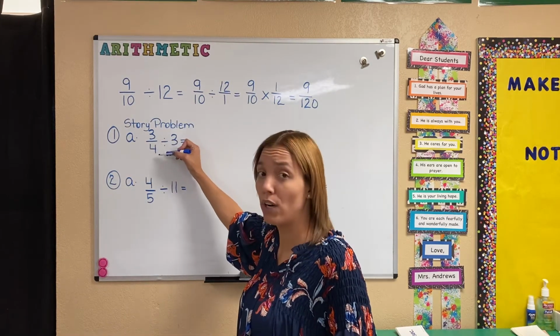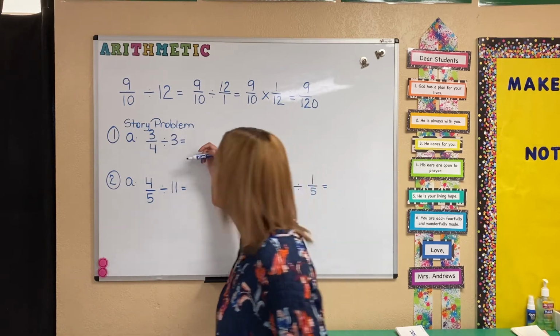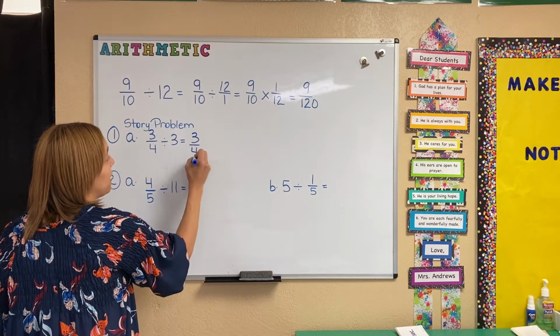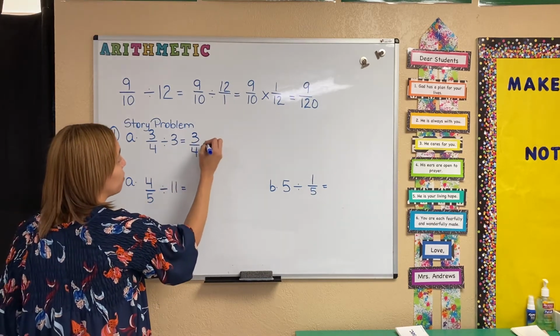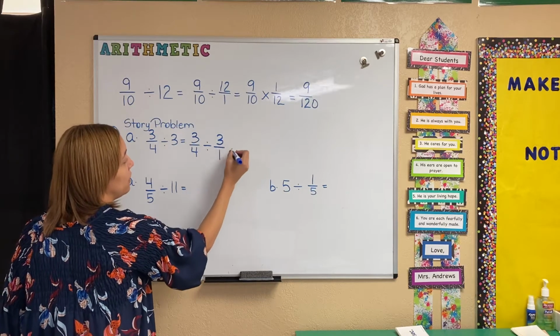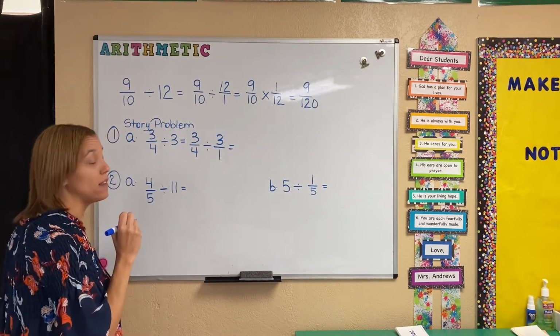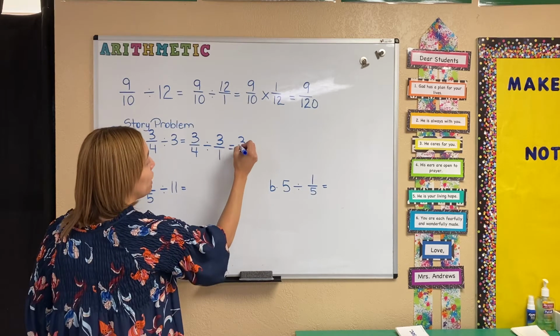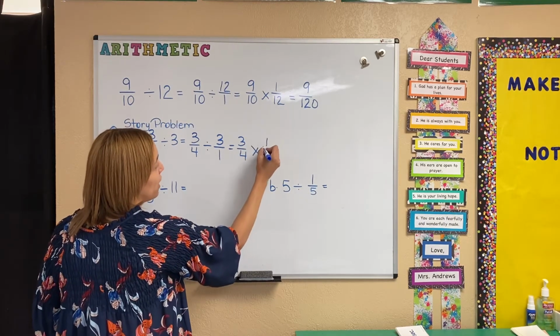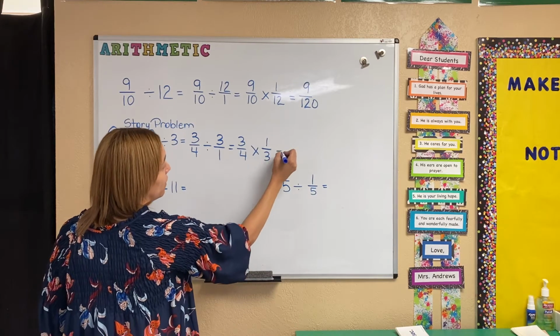3 over 4 divided by 3. So 3 over 4, we make the whole number an improper fraction. So we do that by putting 3 over 1. And then we want to multiply this. So we have 3 over 4 times 1 over 3.